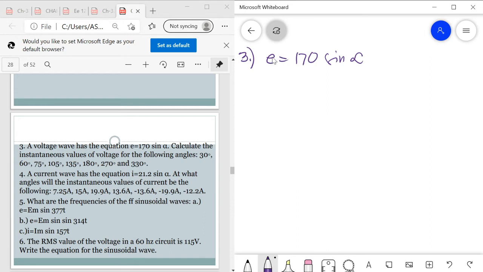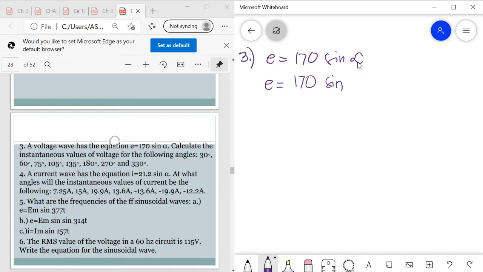So ano yung value ng instantaneous voltage mo at this angle, 30 degrees? So E is equal to 170 sine. So, as we can see here in our equation, this is in phase. Why?